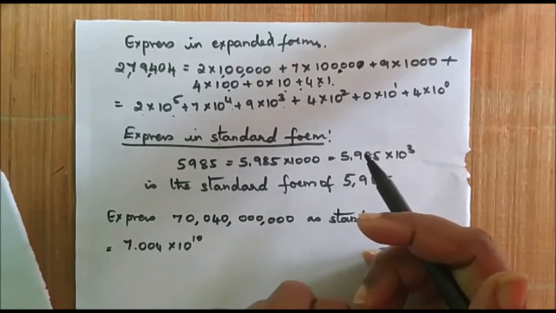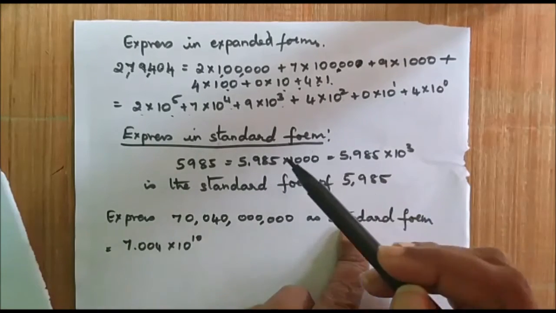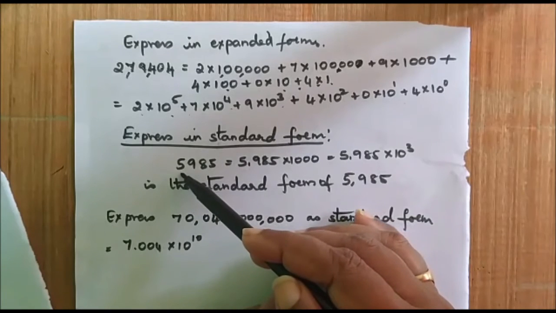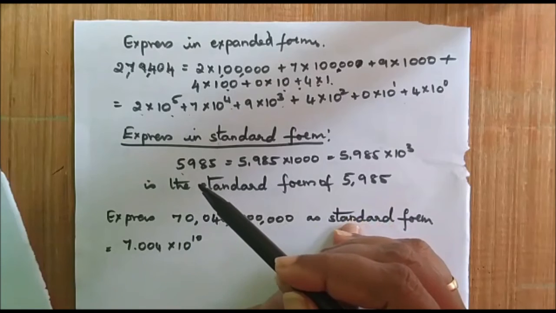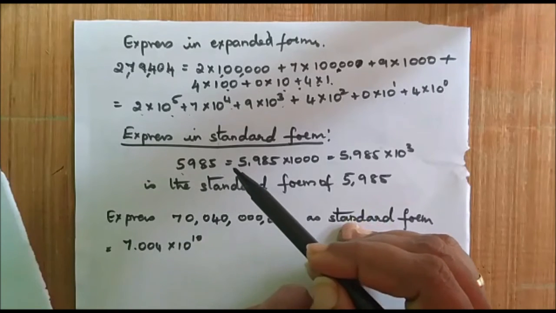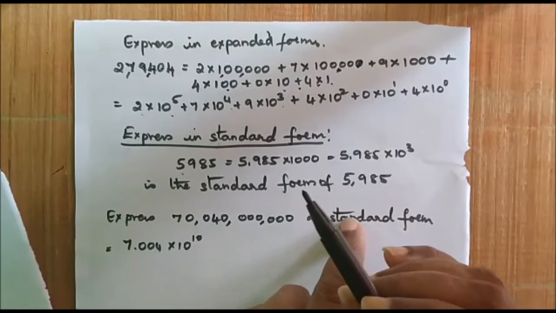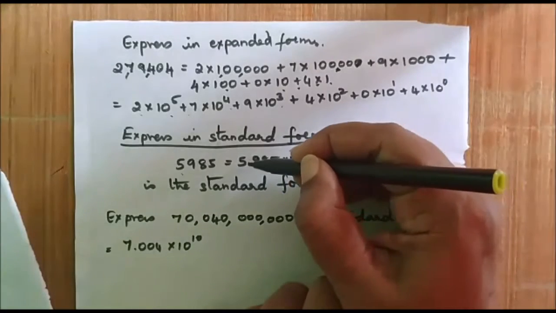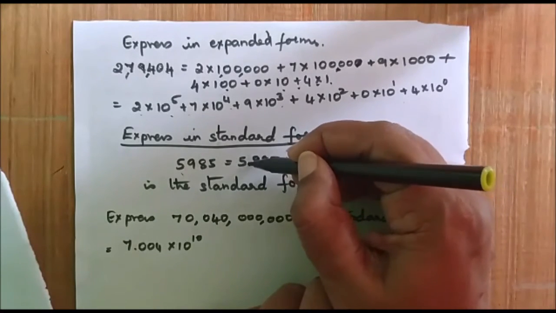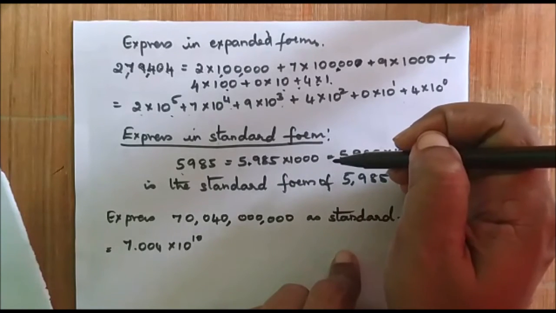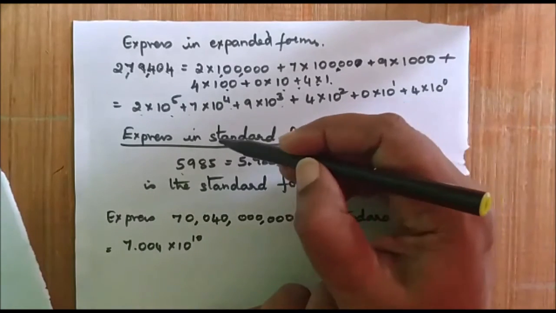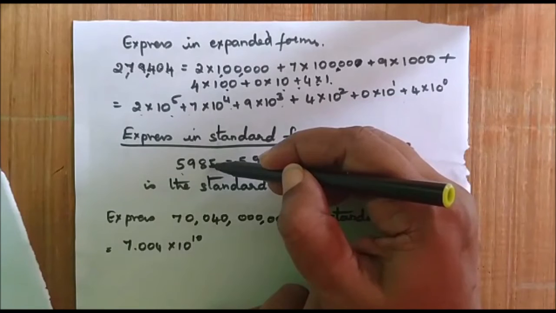Okay. Now, we are asked to express in standard form. We are given a number 5985. How can we represent it in the standard form? Please keep one thing in mind, children. The point has to come after one digit, and then the rest of the places you can fill with zeros. Okay. So, how many places do I have to go?